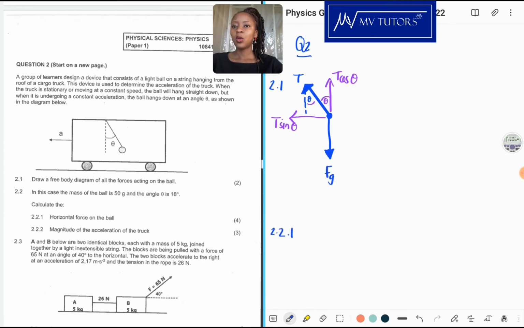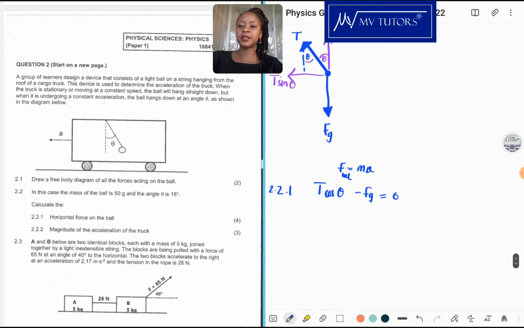Okay, so what do we know? Firstly, I'm going to work out what T is. We know that there is no acceleration in the y direction. So let me say T cos theta minus FG is equal to 0, because there's no acceleration. Remember, it comes from the formula F net equals ma. Our net force is tension and gravitational force.